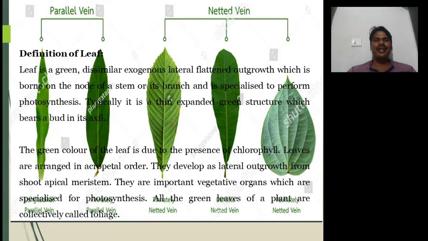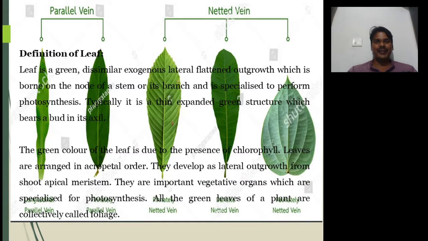Leaf is a green, dissimilar, exogenous, lateral, flattened outgrowth borne on the node of the stem or its branch and is specialized to perform photosynthesis. The main role of the leaf is photosynthesis. The leaf is very small, green and flattened.